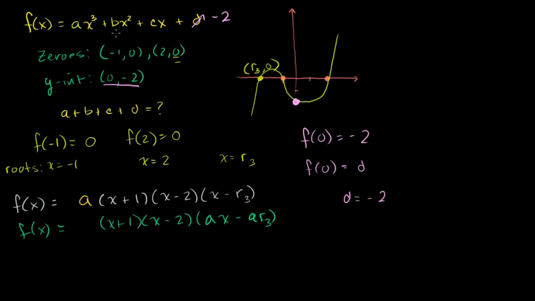Now, to solve for r3, or attempt to solve for r3, you just have to realize that when you multiply this thing out, the way to get the constant term, the d over here, is a product of the constant terms in our expressions. Because if I introduce any products with any x terms, you're going to get one of these other terms. The ax cubed term is generated from that term and that term being multiplied together. The constant term comes from the constant terms being multiplied together.